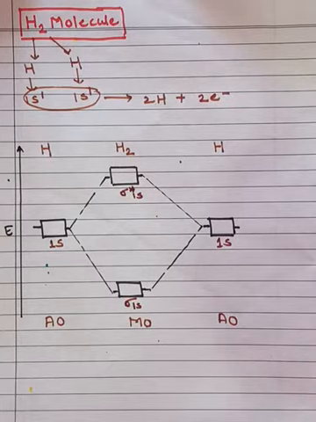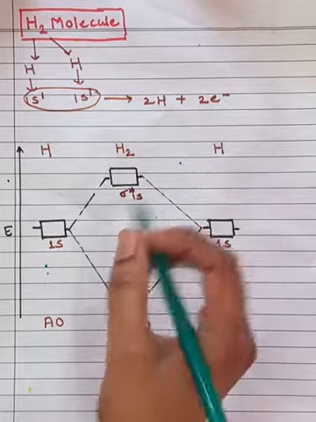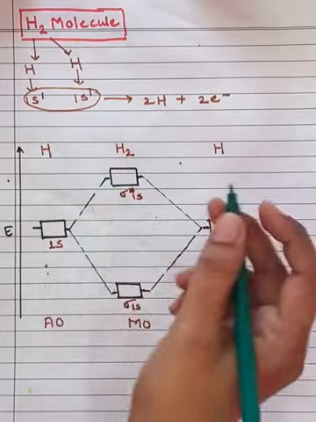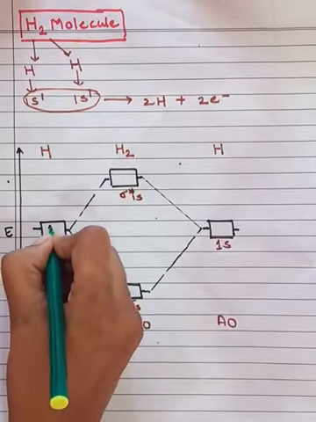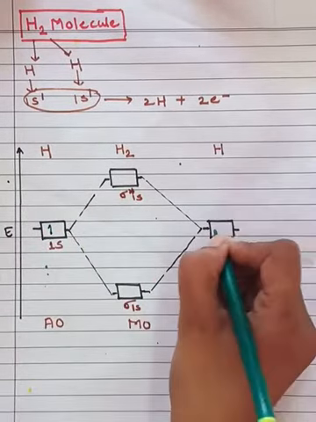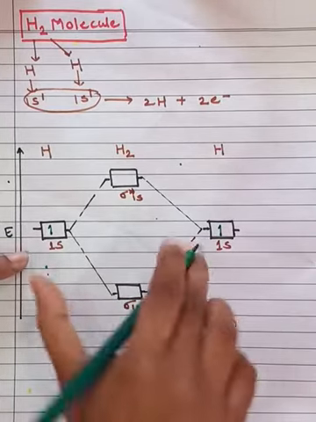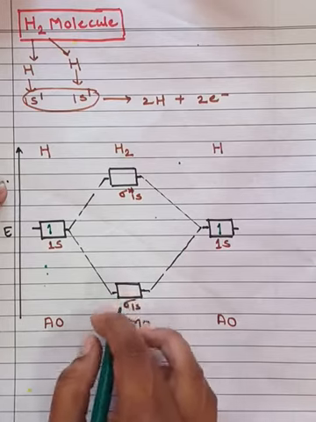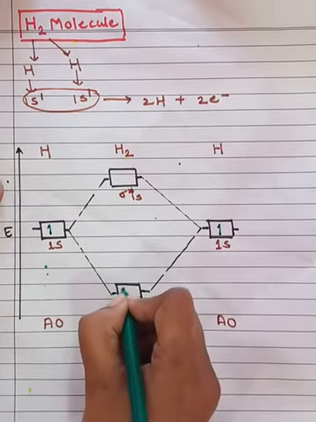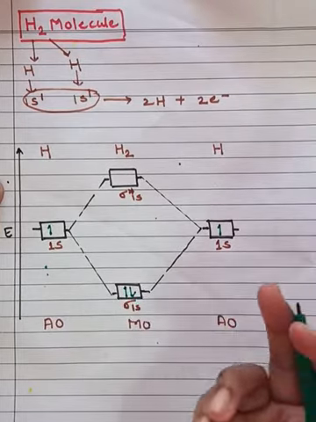Now we have seen that there are two electrons. How are there two electrons? Each hydrogen atom has its own one electron. This is the first hydrogen atom which has one electron, and this is the second hydrogen atom which has the second electron. Now these two electrons first move to the lower energy orbital, that means the bonding molecular orbital. This is the one electron from the first hydrogen, and this is the second electron from the second hydrogen.